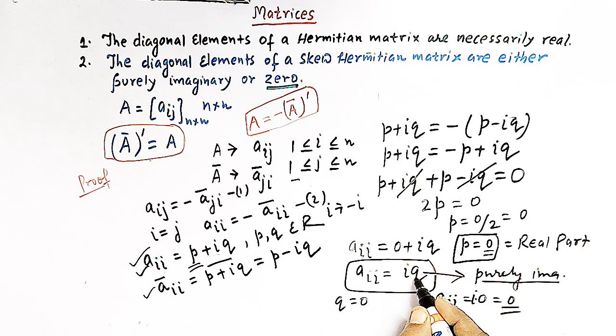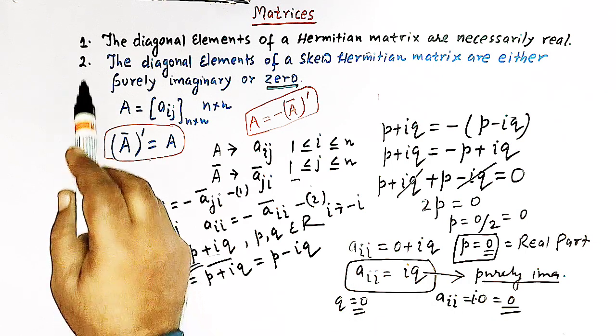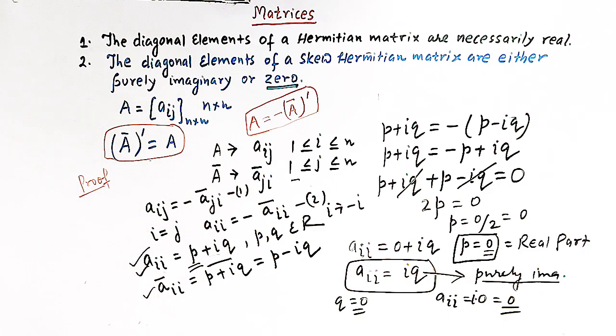So in case of q is equal to 0, aii is equal to 0, right? So viewers, this is how we can prove these two important results related to Hermitian and skew Hermitian matrices.